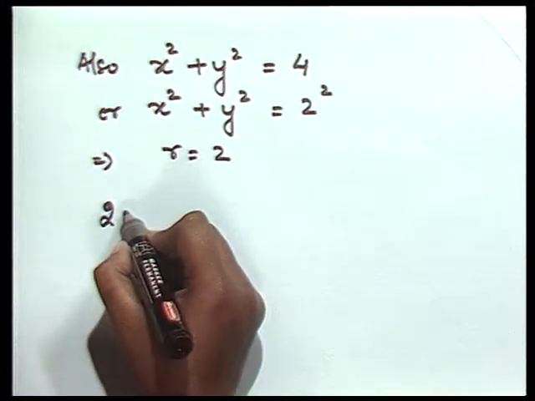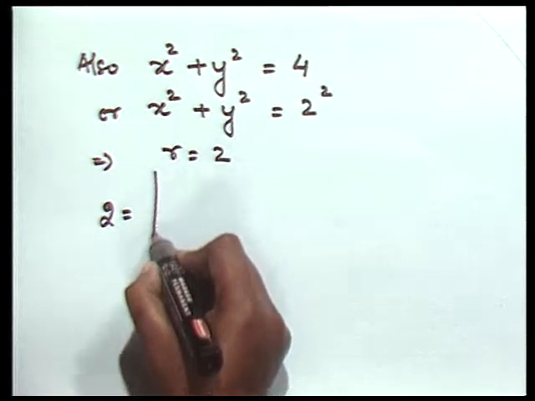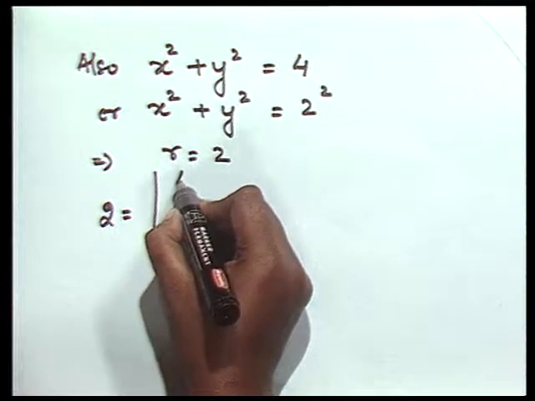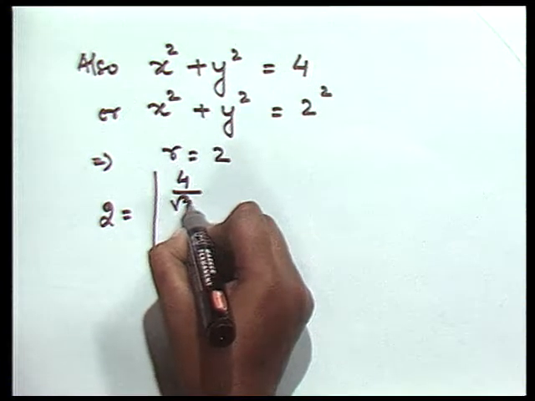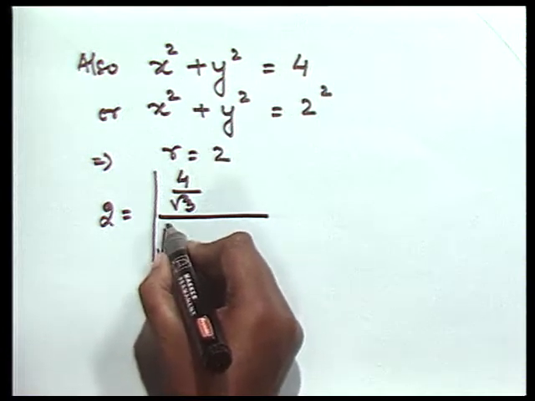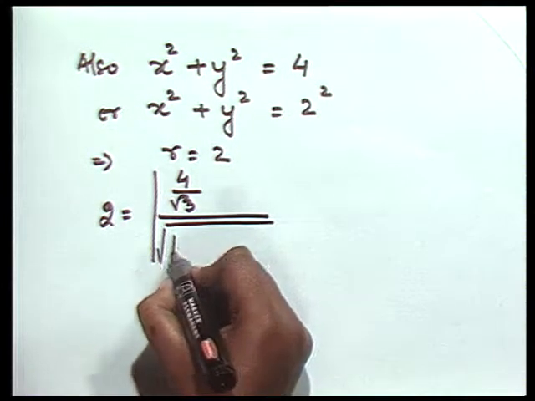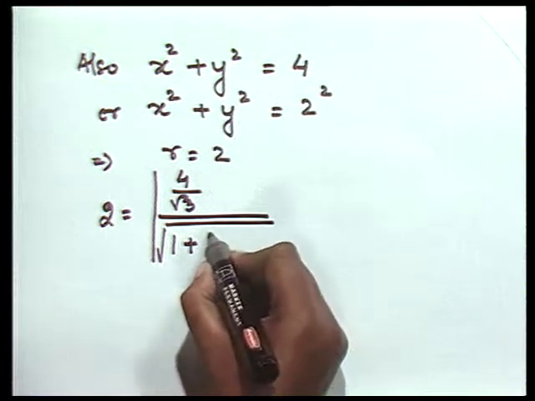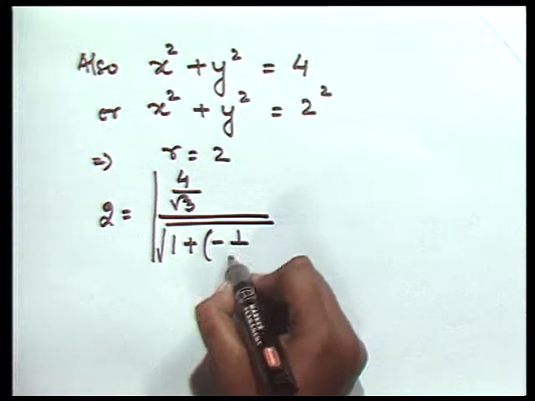and if we substitute these values in the condition, we get 2 is equal to mod 4 upon under root 3 upon under root 1 plus minus 1 upon root 3 whole square.